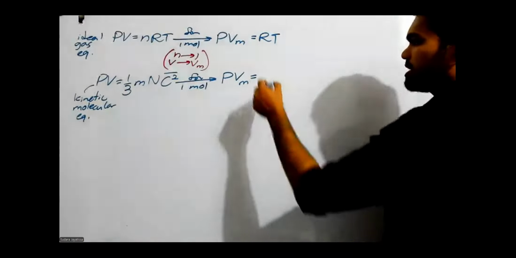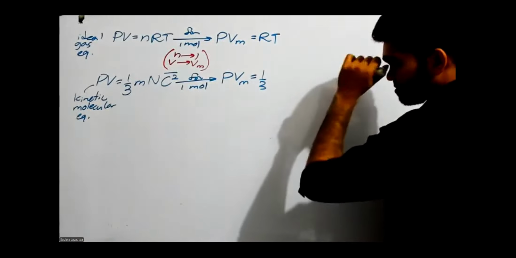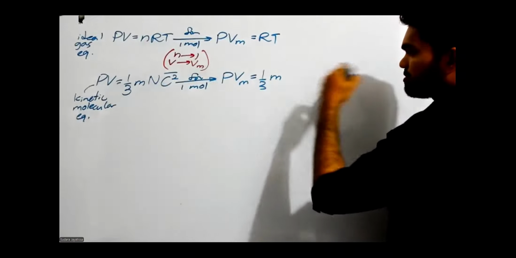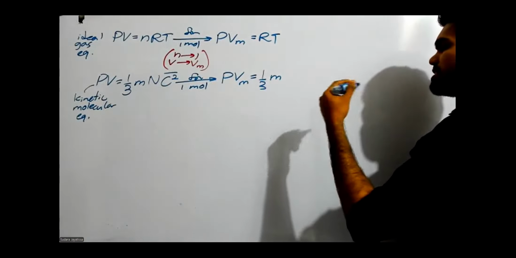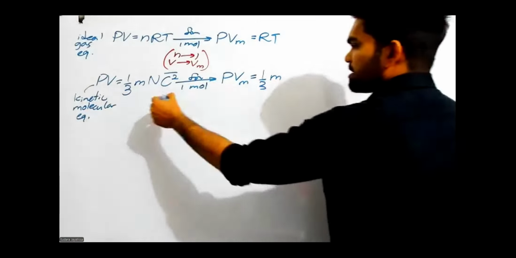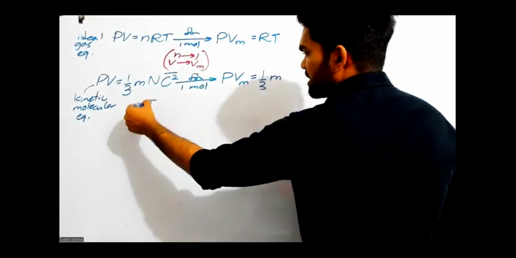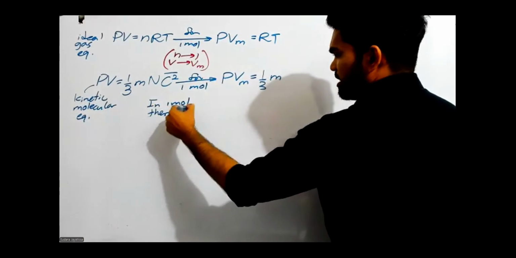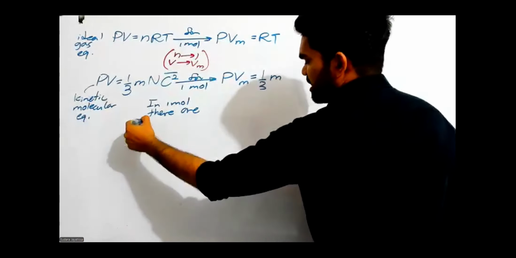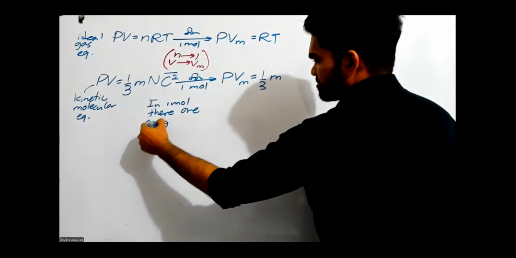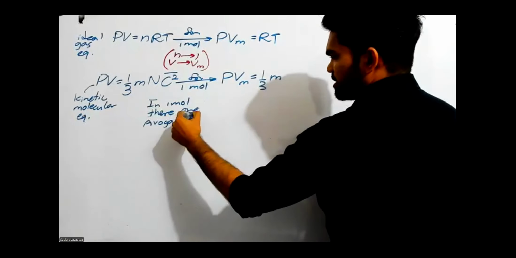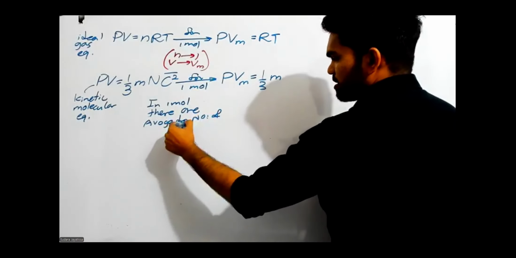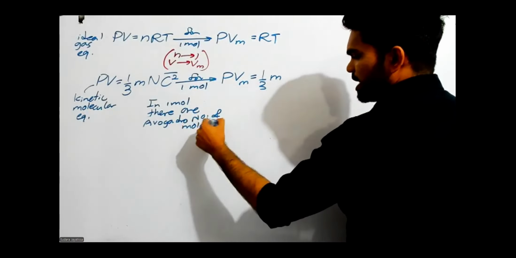And what will happen to the other terms? 1/3. Small m is the mass of one particle. If you consider 1 mole, you have to remember this point: in 1 mole, there is the Avogadro number of molecules.